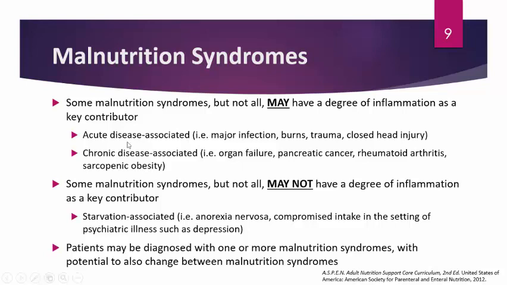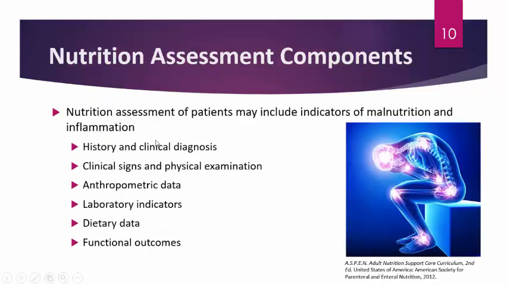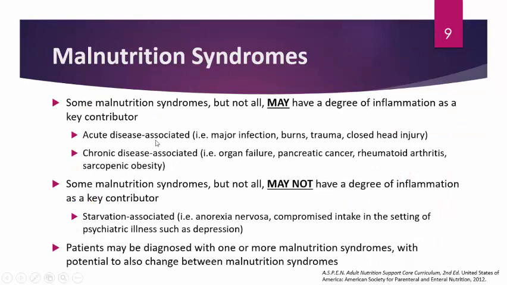So say, for example, an acute disease-associated malnutrition syndrome develops eventually into a chronic disease state, in that case, there might be a change from one to the other.